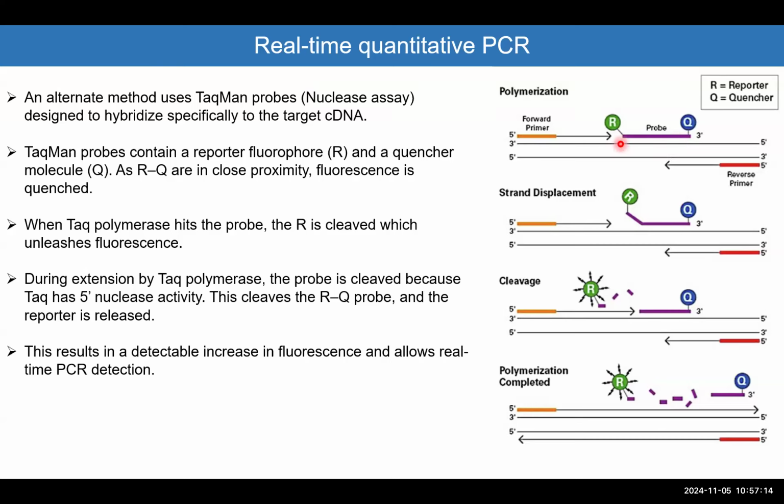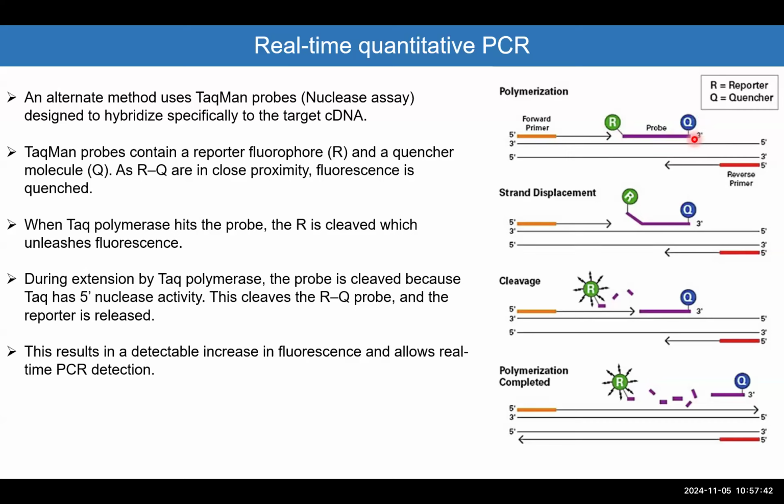When you say a probe, as we defined it before for Southern blotting, it's a specific DNA sequence that binds to a specific gene. But on the extremities of this probe, you add a reporter and a quencher. Since the reporter and the quencher on that probe are very close, there is no fluorescence to start with.